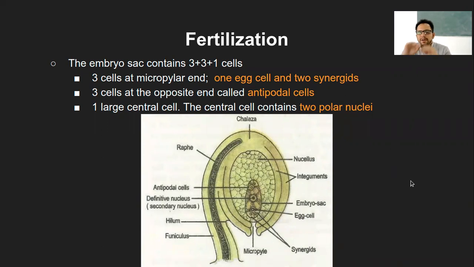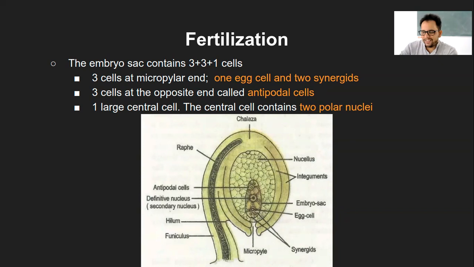Endosperm is nothing but the fleshy part within the fruit. And the function of the synergid cell is just to support the egg cell, and one of them will break when the pollen tube enters the ovule structure.